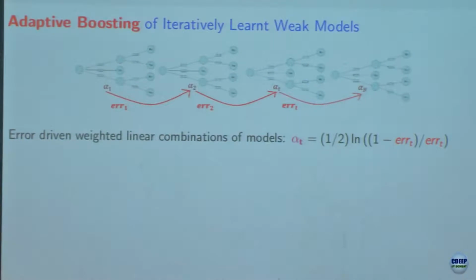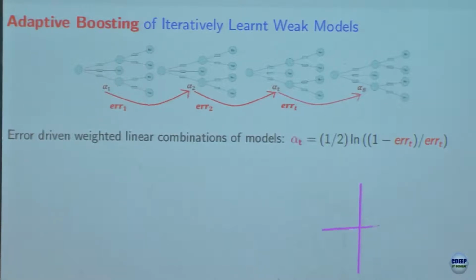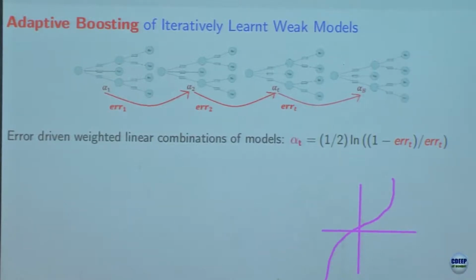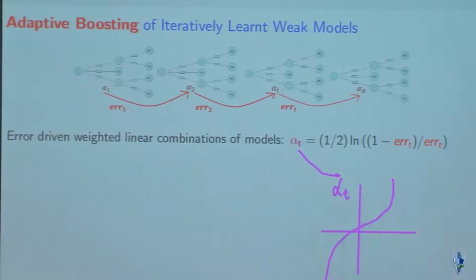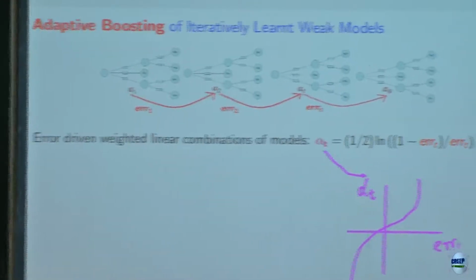Okay, so this part we already explained, error driven weighted linear combination. There's some motivation for this part. As I said, you'll need to normalize these later on, but something like this, alpha t is the y axis, error t is the x axis.